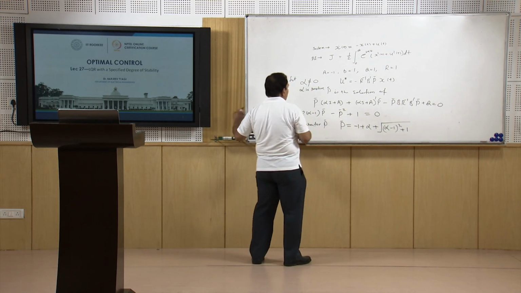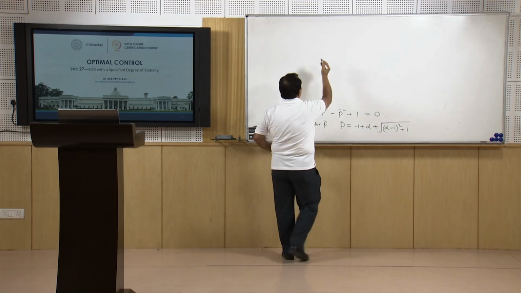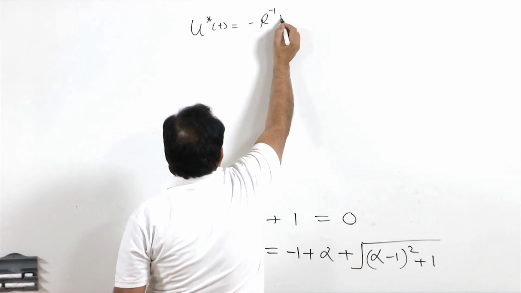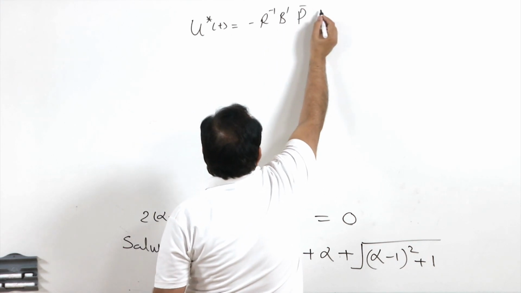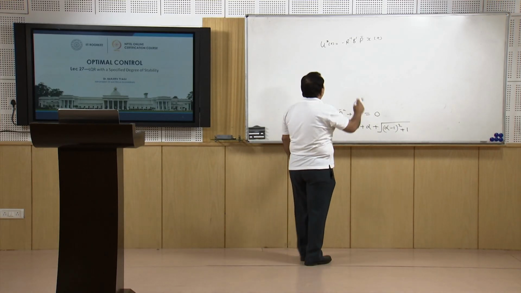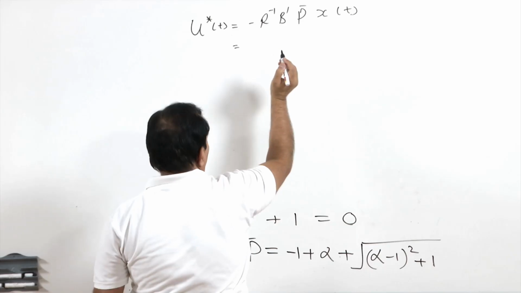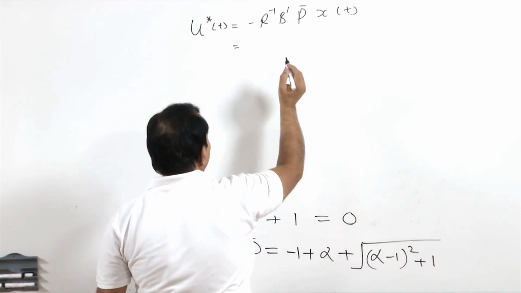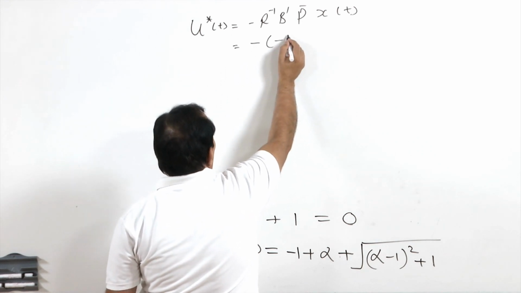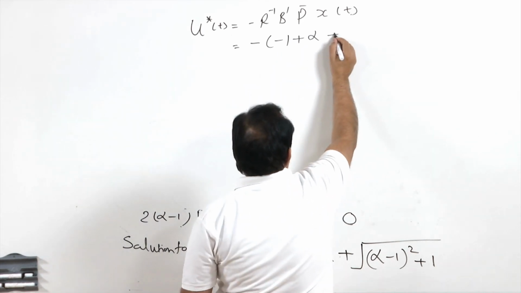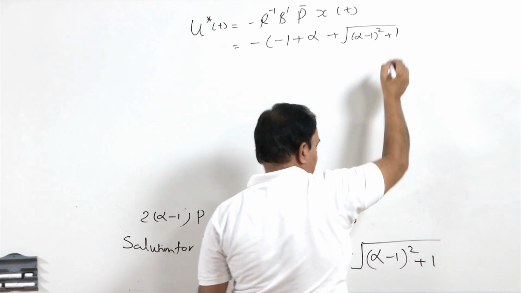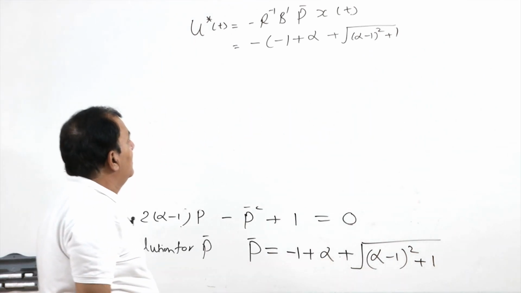So, my optimal control u star t will be minus R inverse B prime P bar x t, and R inverse is 1, B prime is 1, so this is coming out to be minus of minus 1 plus alpha plus square root of alpha minus 1 square plus 1 into x t.